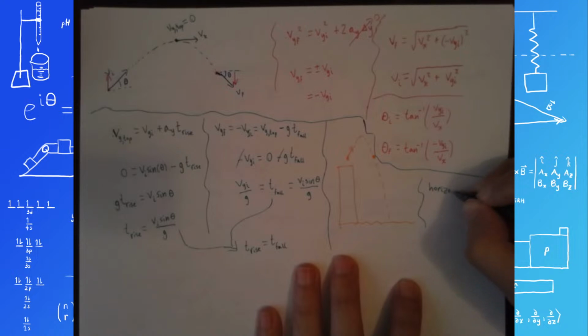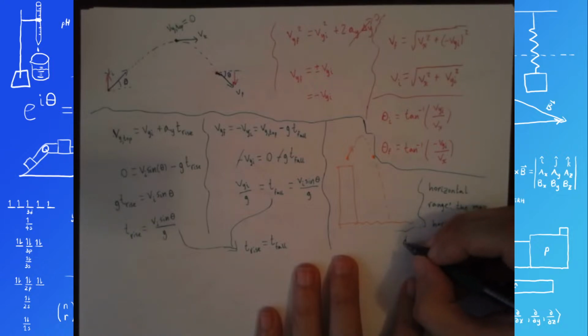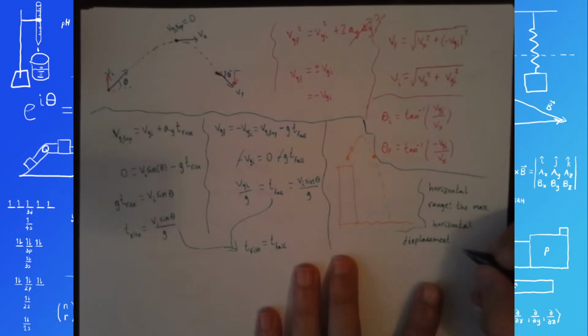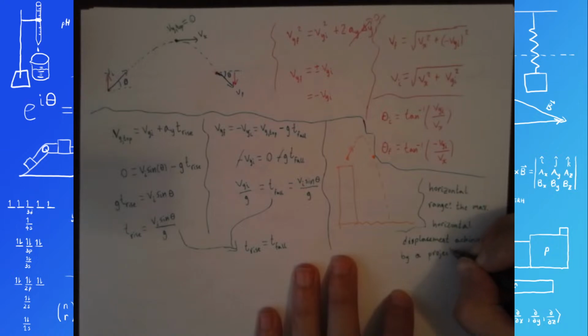Horizontal range is the maximum horizontal displacement achieved, or that can be achieved rather, by a projectile.